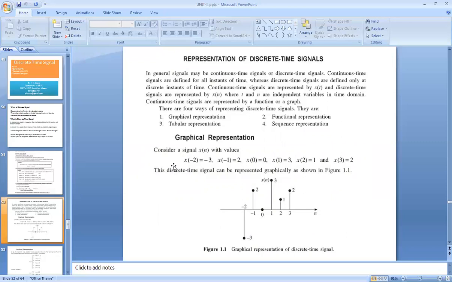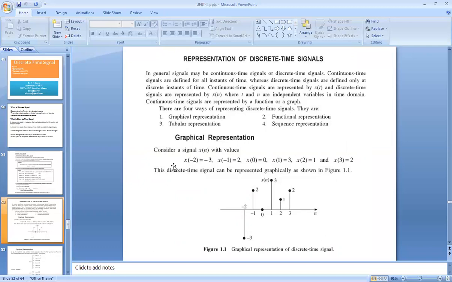Now in general, a signal may be a continuous time signal or a discrete time signal. Continuous time signals are defined for all instants of time, whereas discrete time signals are defined only at discrete instants of time. Continuous time signals are represented by x of t and discrete time signals are represented by x of n, where t and n are independent variables in time domain.